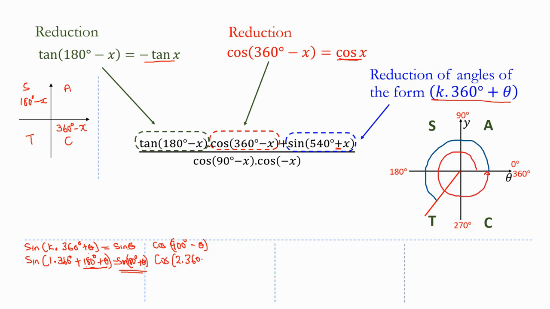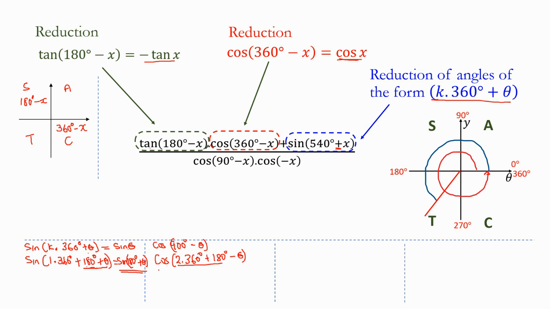And then 720 plus 180, so it's going to be plus 180. You see that? So this whole thing here is 900 degrees, and then minus theta. Okay? But remember, we said what?